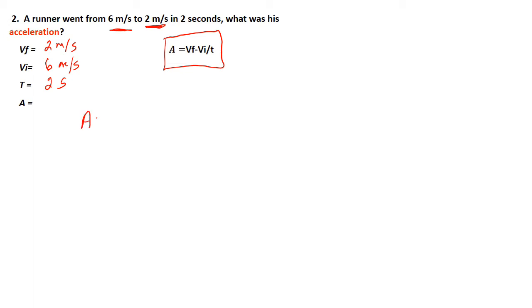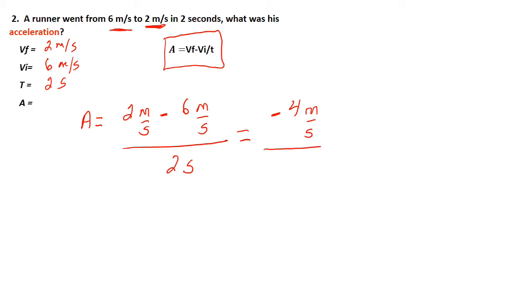Now I need to run my equation to solve for acceleration. So again, acceleration is equal to final velocity, which would be 2 meters per second, minus the initial 6 meters per second, divided by the time of 2 seconds. So 2 minus 6 would be a negative 4 meters per second, still divided by the time of 2 seconds.